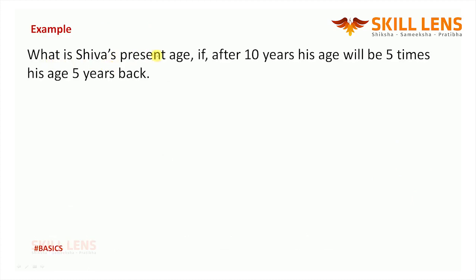What is Shiva's present age? So you need Shiva's present age, if after 10 years his age will be 5 times his age 5 years back. So let's take, at present, Shiva's age is x.